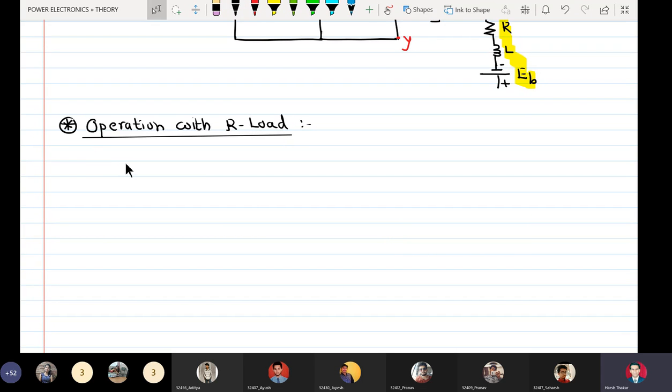Operation with R load, same as single phase HCB with R load.